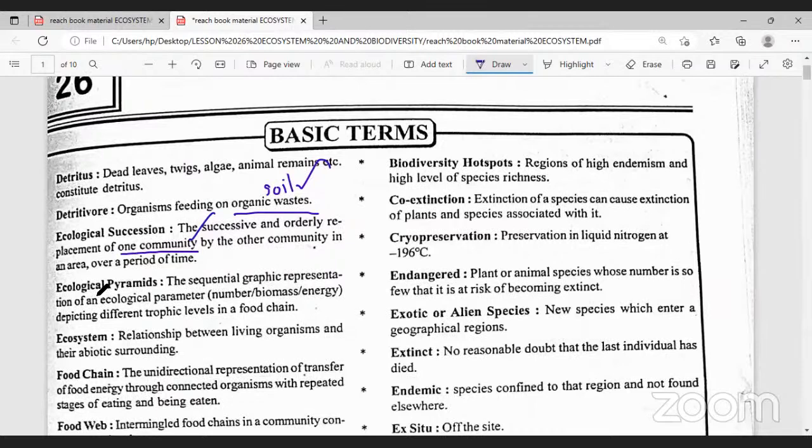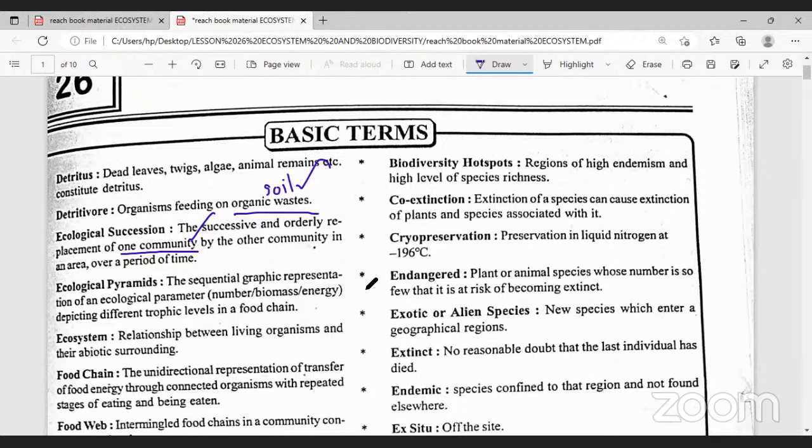And the fourth one is ecological pyramids. You already know about the food web and food chain. They are mentioned as a graphical representation, isn't it? So that is in the form of pyramids. The lower part, you already know, is very large in size and gradually decreases toward the tip.